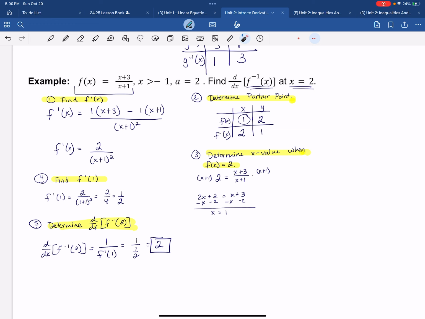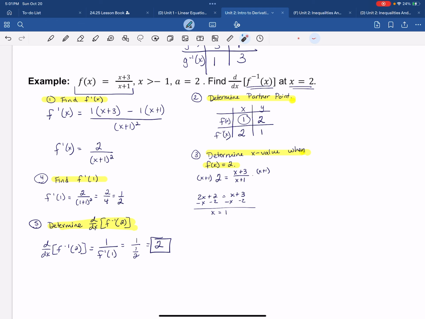I intentionally chose a function that was pretty easy to work with. However, as you saw with the tables, you wouldn't be able to just find the inverse of f of x and then evaluate the derivative. But that could be another path for you. So if you have a pretty easy function to find the inverse for, you could also find the inverse, take the derivative, and evaluate it at the point. The only problem is that's not always going to be an easy function to invert.